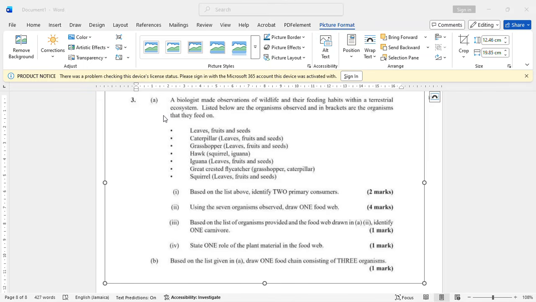The great crested flycatcher feeding on the grasshopper and the caterpillar, and the squirrel is feeding on the leaves, the fruits, and the seeds. Based on the list above, identify two primary consumers.